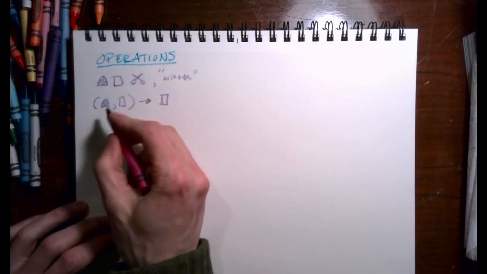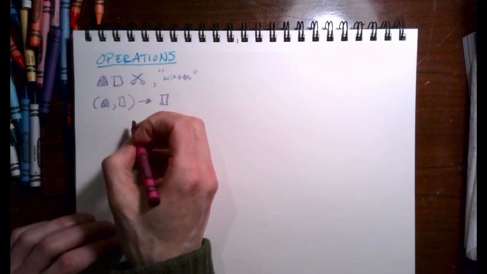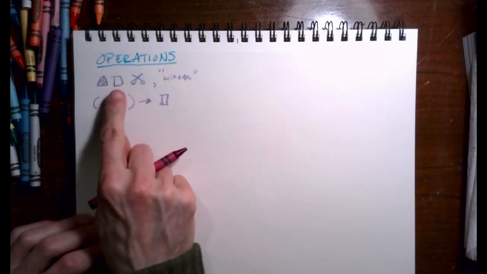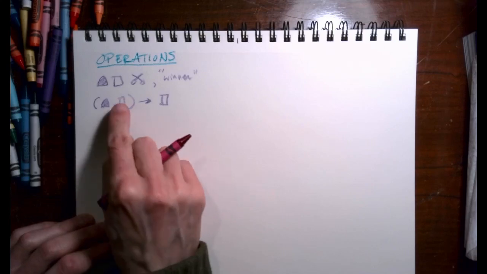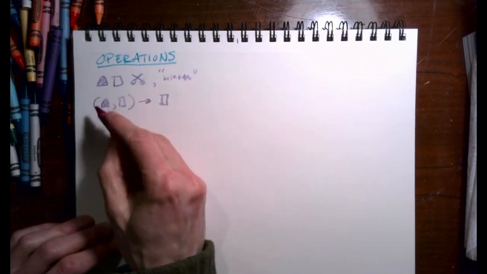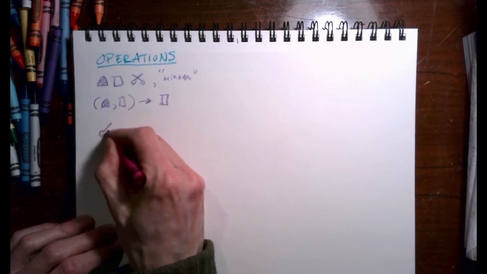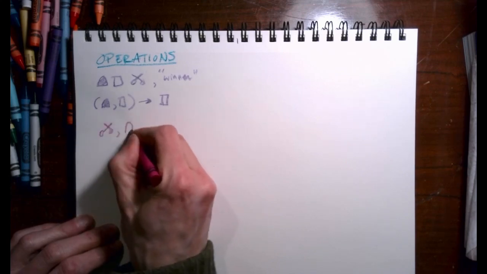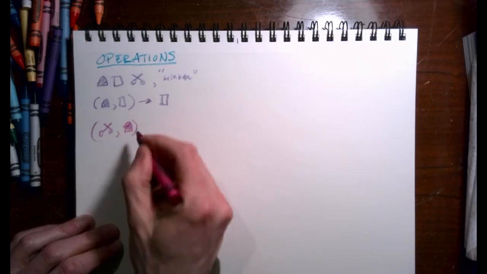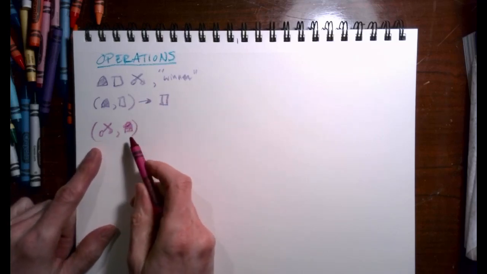The important aspects of the definition are that it's defined for every single pair, right? So imagine if in rock, paper, scissors, there was a situation that came up where we said scissors and rock, and it was like, oh, we don't have a rule for this pair.